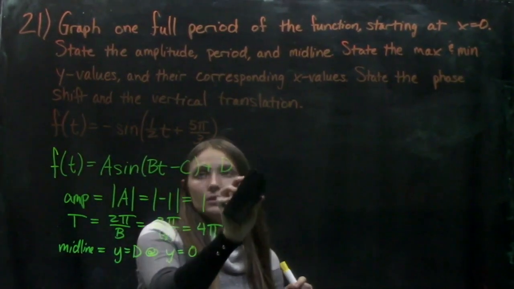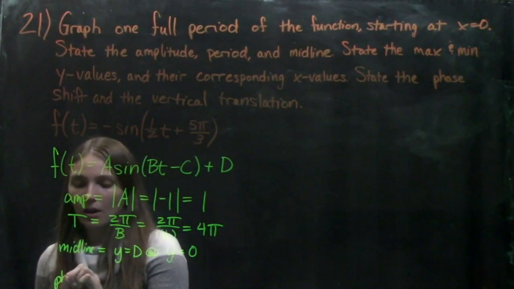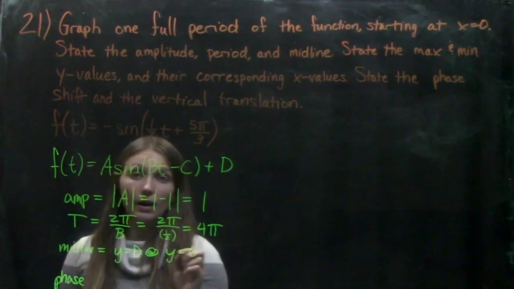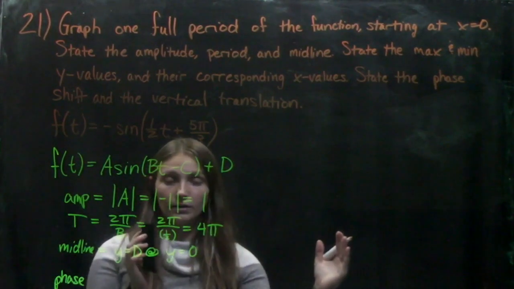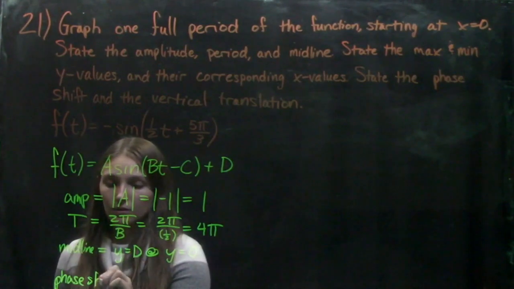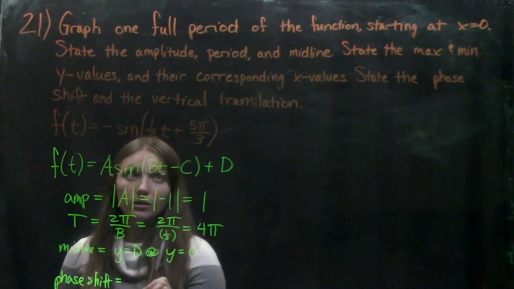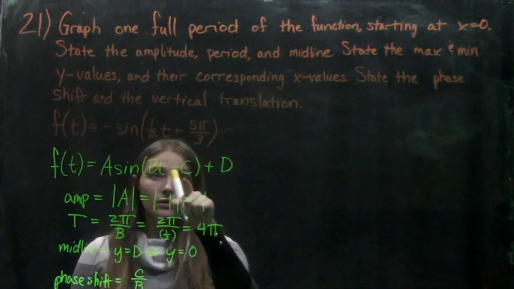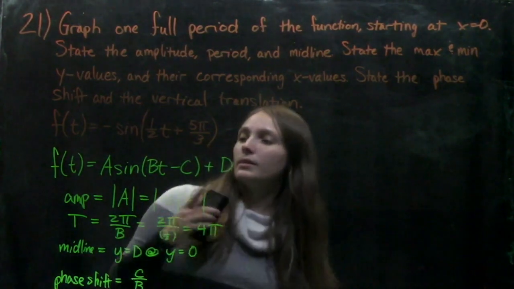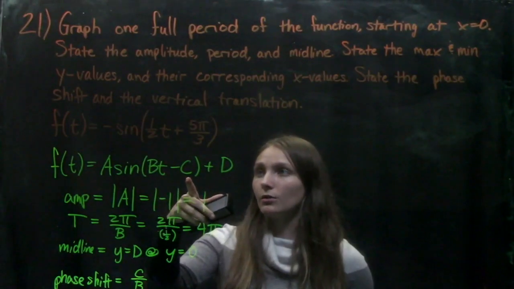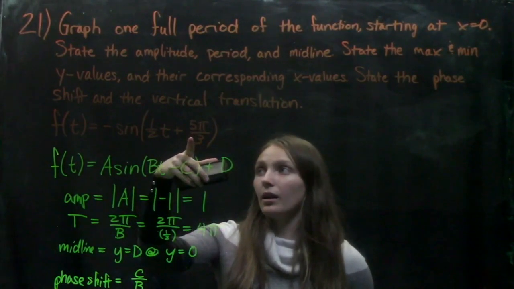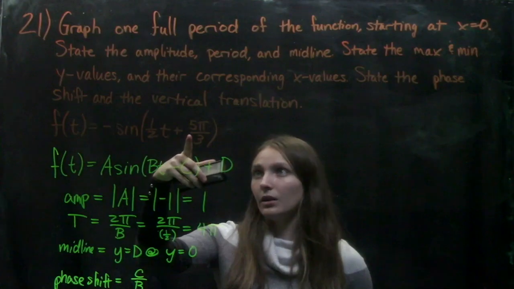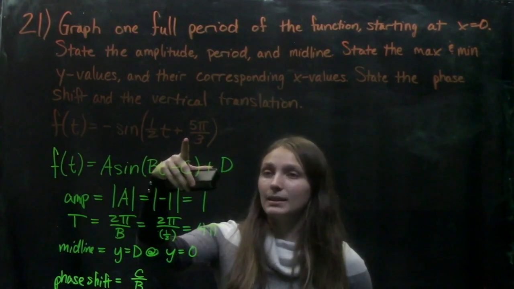So our phase shift is which way we move the graph of the sine or cosine, left or right. So our phase shift is going to be equal to c over b. Since this is a minus c in the general form, our c in our equation given here is 5 pi over 3, but it's negative.